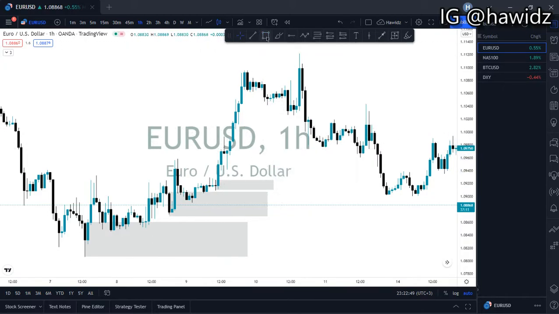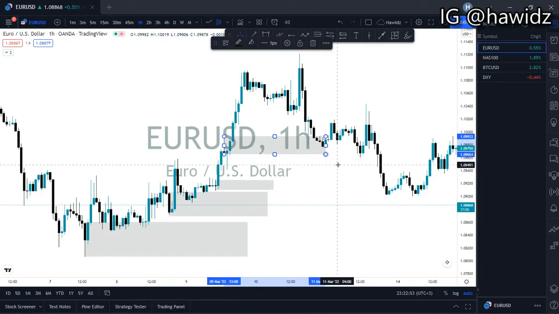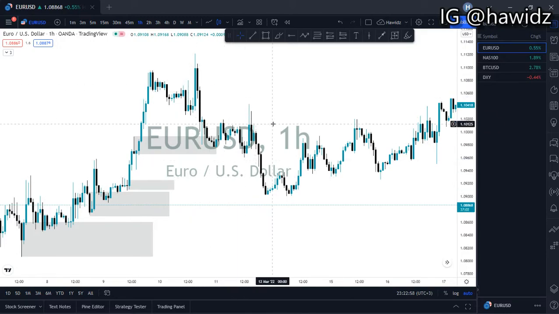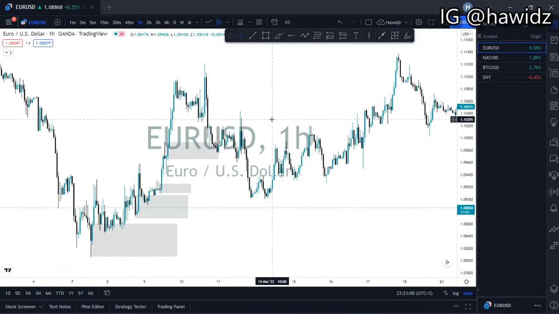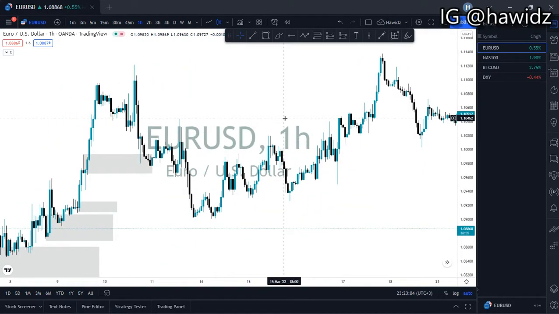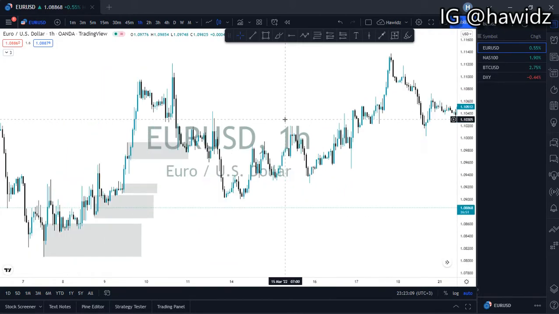This here is our demand zone. Now, in the next videos, I'm gonna be teaching you how to trade from these areas, but right now I'm just teaching you how to point them out. That's all. That's it on this one, guys. It's gonna be very simple and probably short.